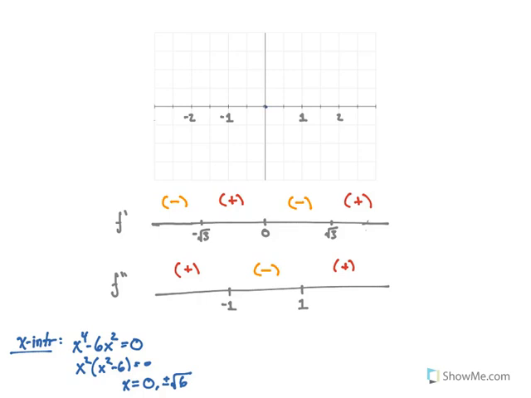So let's label those x intercepts first. We have 0, we have square root of 6, so a little bit before 2.5, and negative 2.5, negative square root of 6.